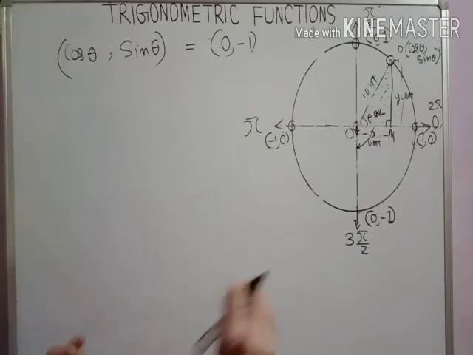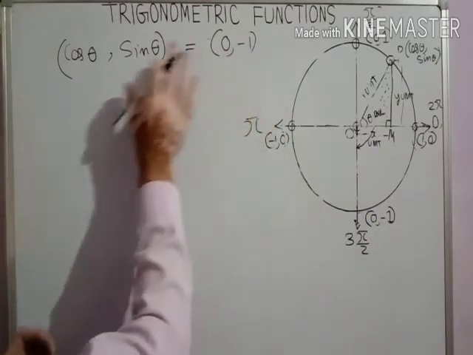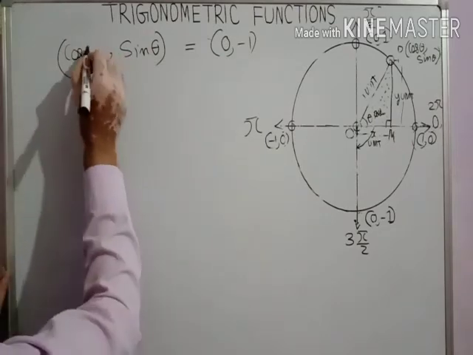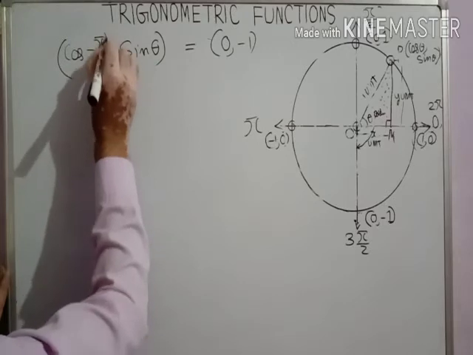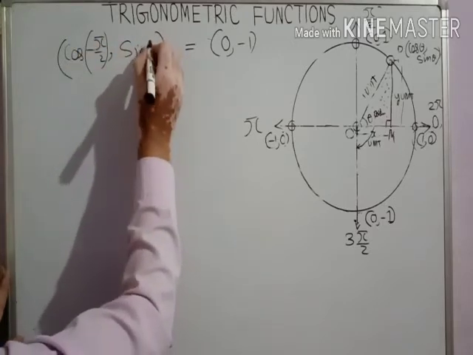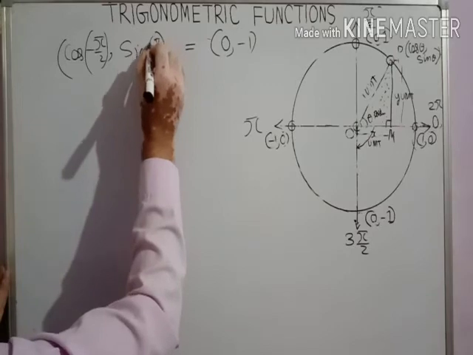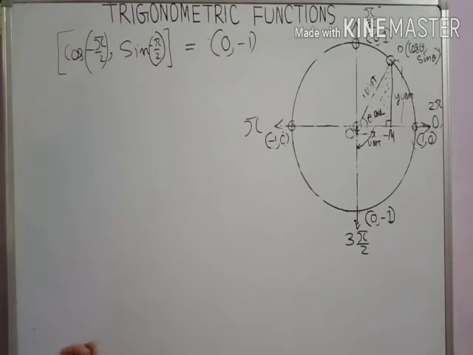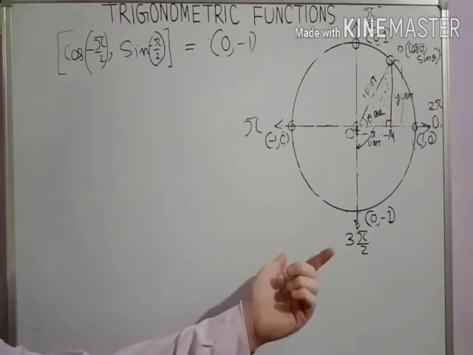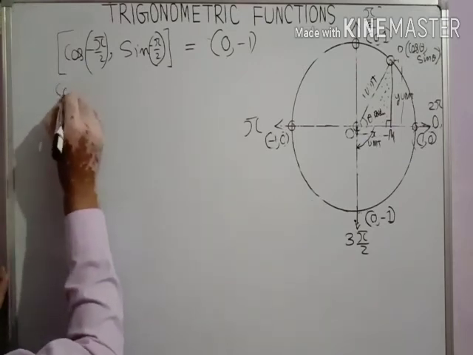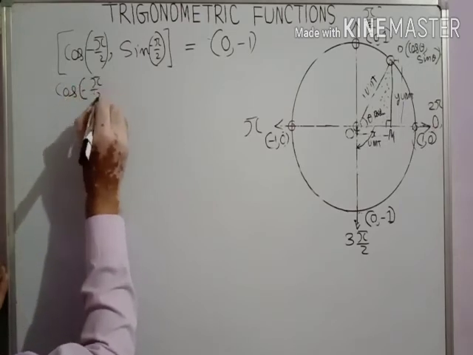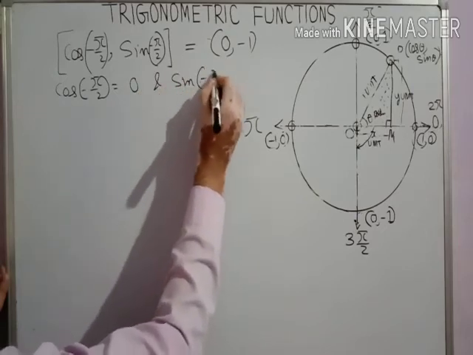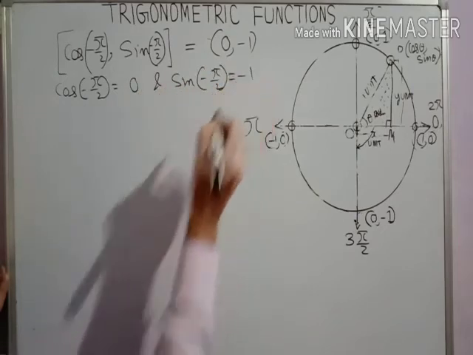So if I ask you at which theta both the points are the same, you said theta minus pi by 2. You see, at minus pi by 2 both points coincide with each other. It means we can say that cos minus pi by 2 equals 0 and sin minus pi by 2 equals minus 1.